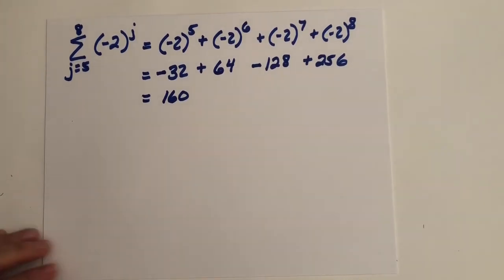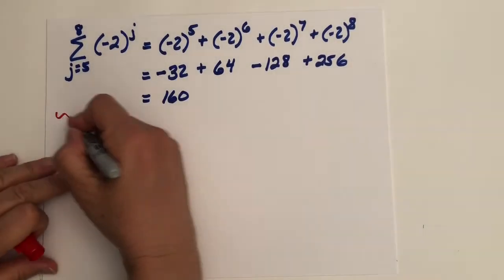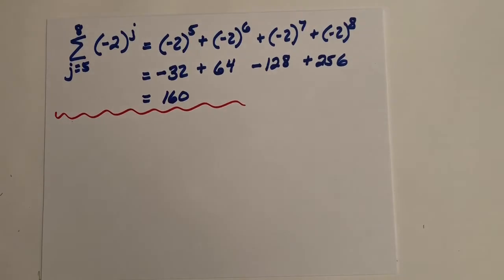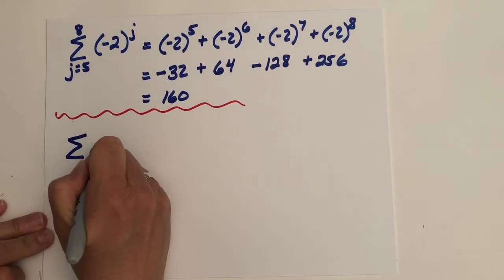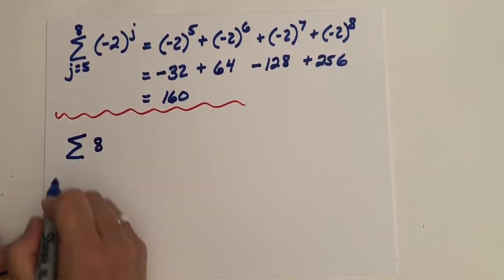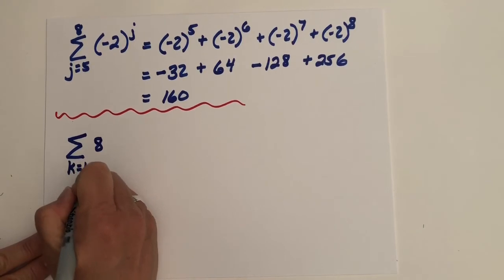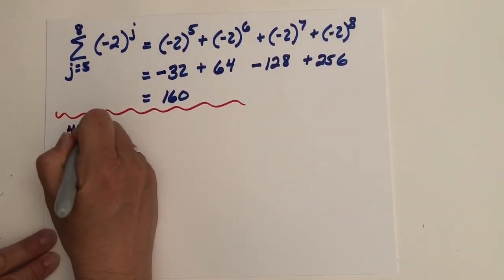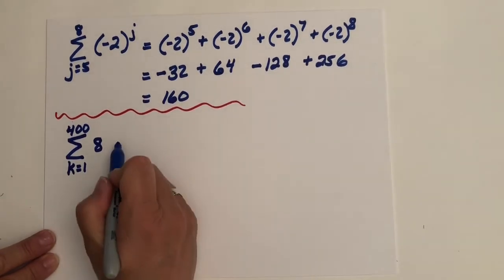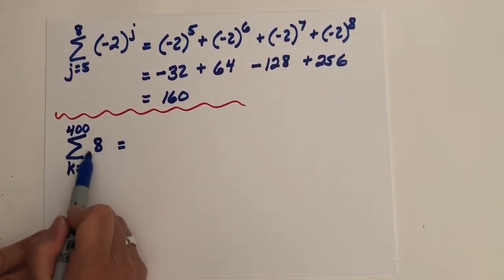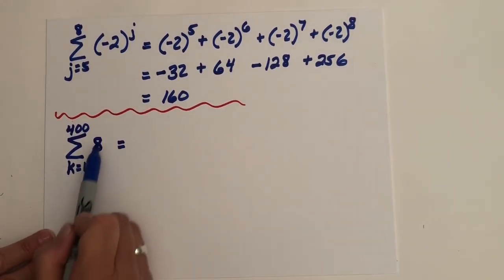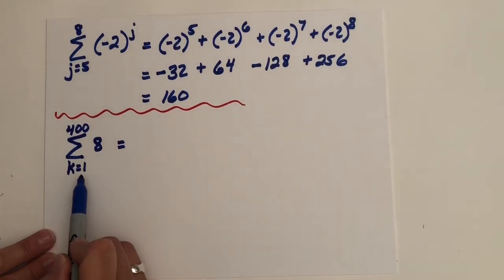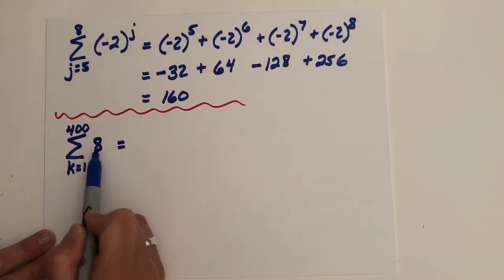Let's do one that's a little bit different. How about this one? Let's look at the sum of 8, starting with k equals 1 and going to 400. Now remember, this is our formula for the terms of the sequence. And you look at that, you go, but I don't even have a k there. That's right. So if k equals 1, this expression is 8.